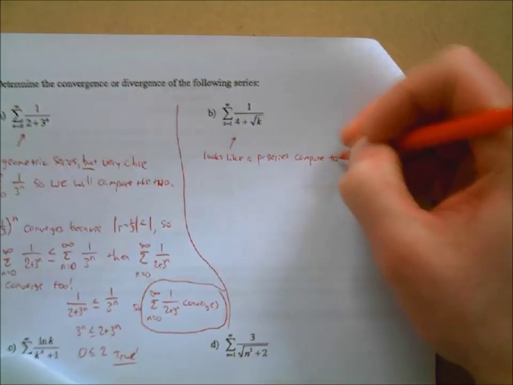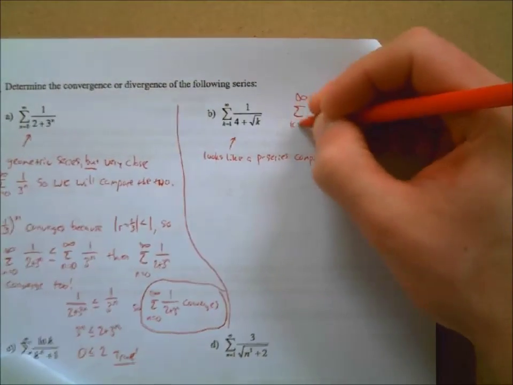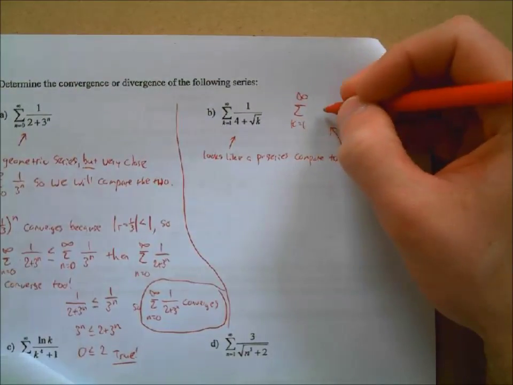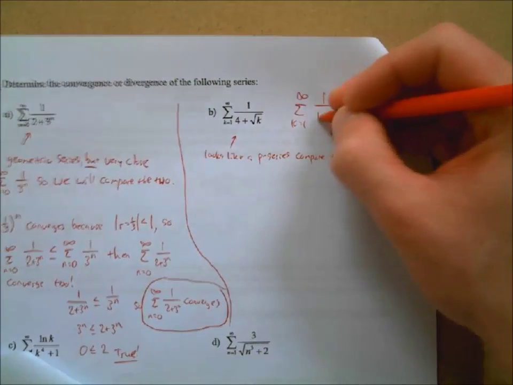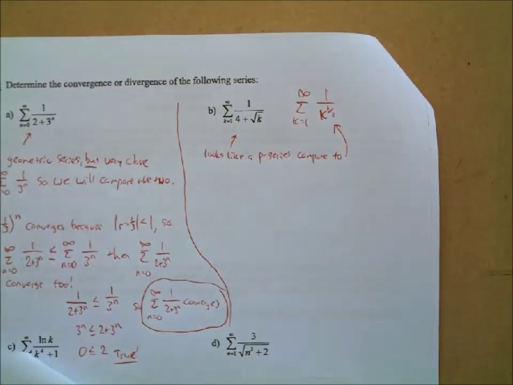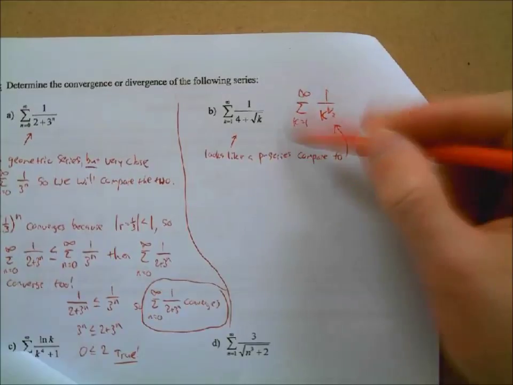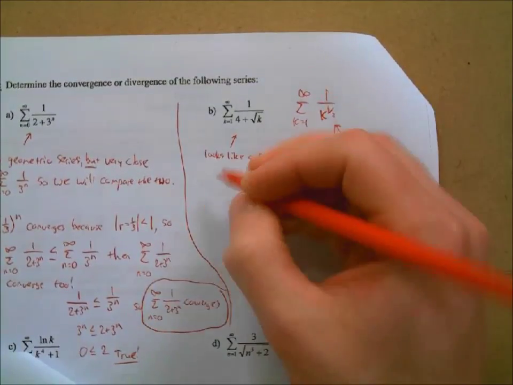to, I'm just going to use some arrows here. What do you think we should compare it to here? 1 over square root of k, or 1 over k to the 1/2, if you'll permit me to write that out. Now, if we apply the P-series test, what do we know about this series?